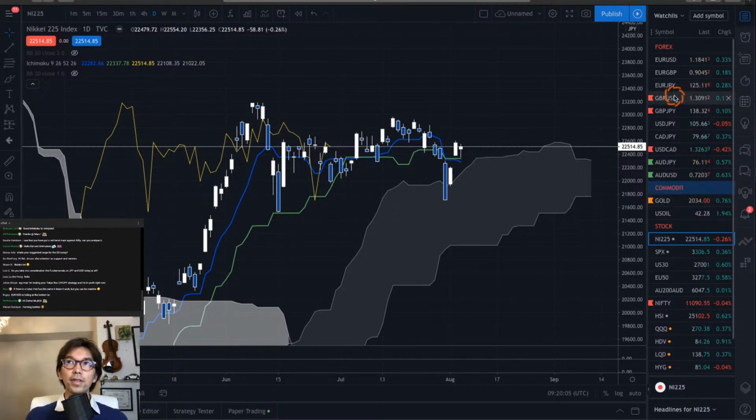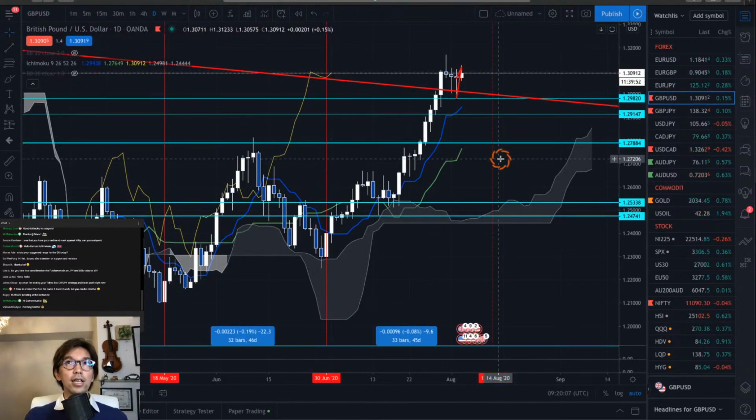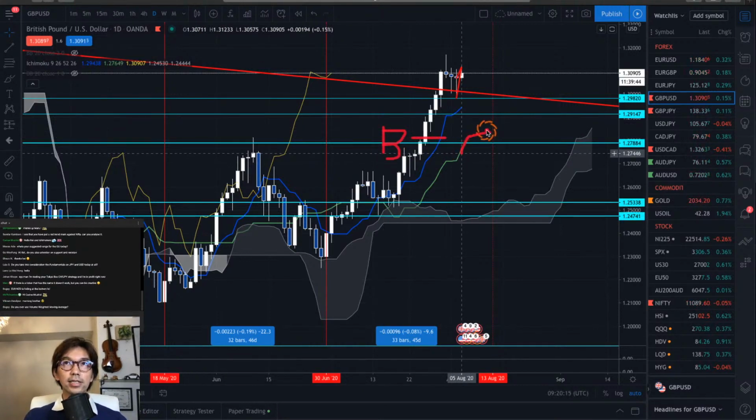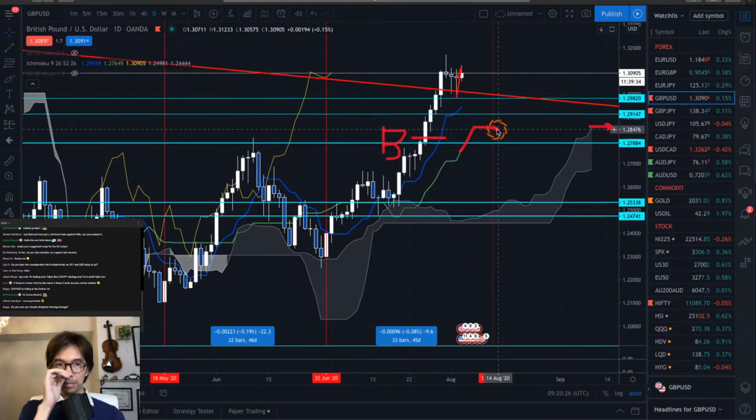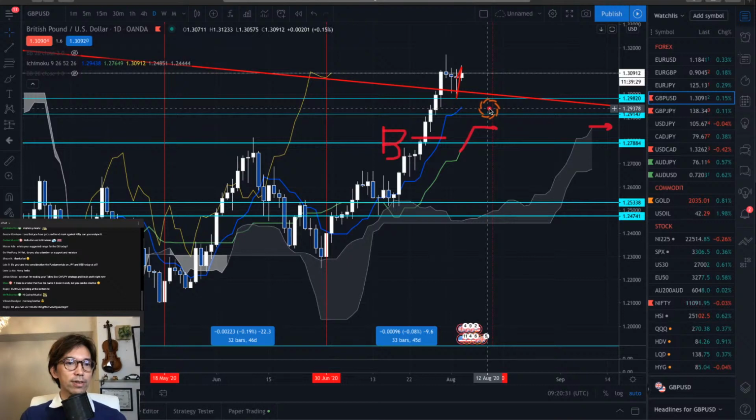So for example, on this GBP USD daily chart, which is found to be uptrend, when I happen to buy somewhere here, then until the Kijun Sen goes flat this way, and the Senkou Span A goes flat this way, I keep holding this buy. So if the Kijun Sen becomes flat today, then I will look at the lower time frame to capture the exit timing today. But if not, I just keep holding this buy.